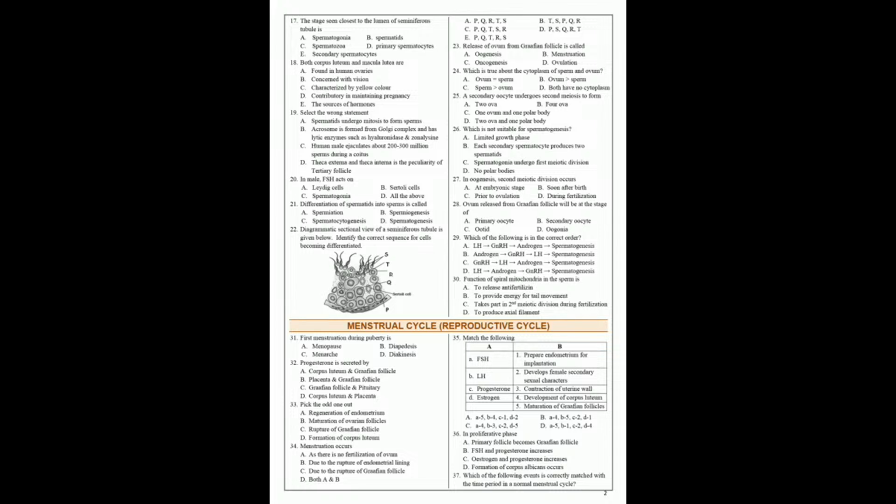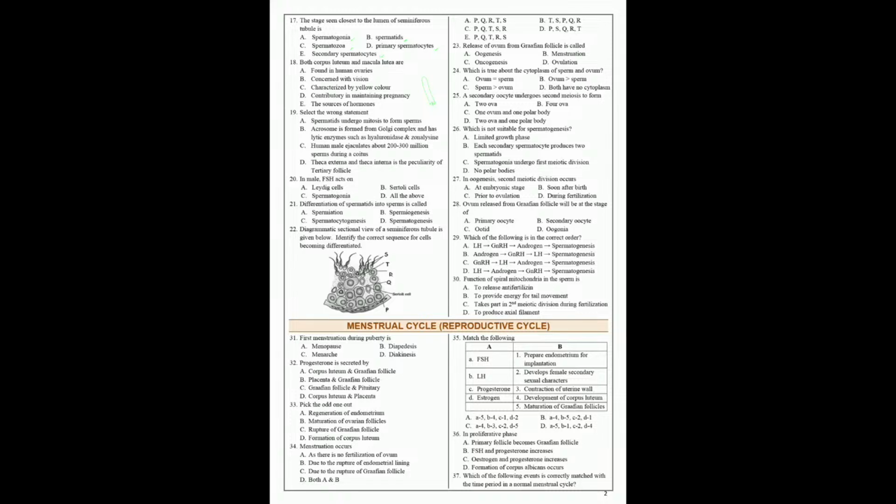The stage seen closest to the lumen of seminiferous tubule is: spermatogonia, spermatid, spermatozoa, primary spermatocyte, or secondary spermatocyte? If this is the seminiferous tubule, then this opening is the lumen, and here your spermatogonia will be present.